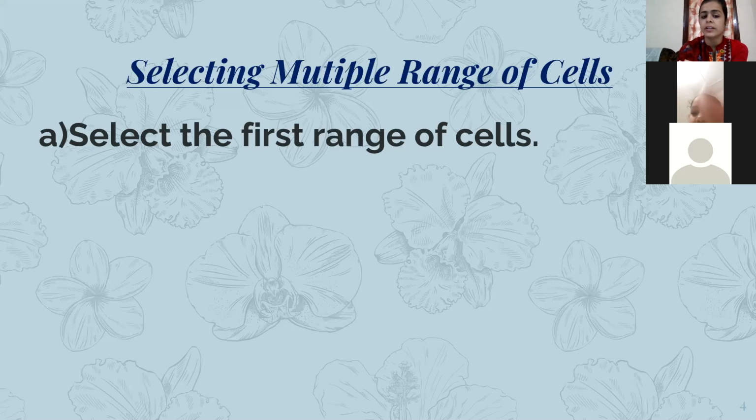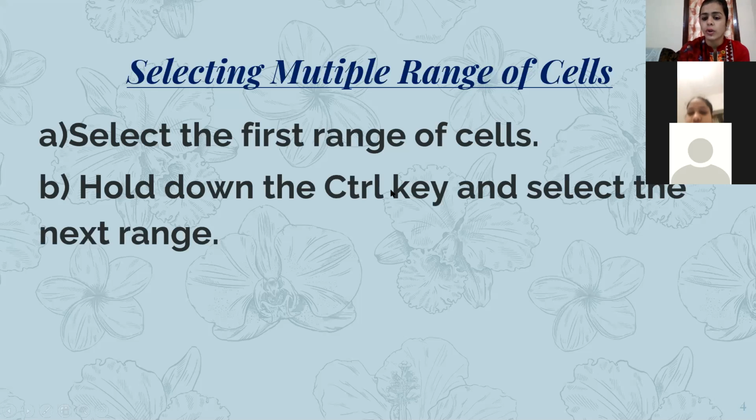First of all, click on the first range of cells. The range that you want to select first, you will click on it. Then hold down the control key on the keyboard and select the next range. It will select the ranges of cells not in continuous form. When you want to select a non-continuous range of cells, you have to use the control key from the keyboard.